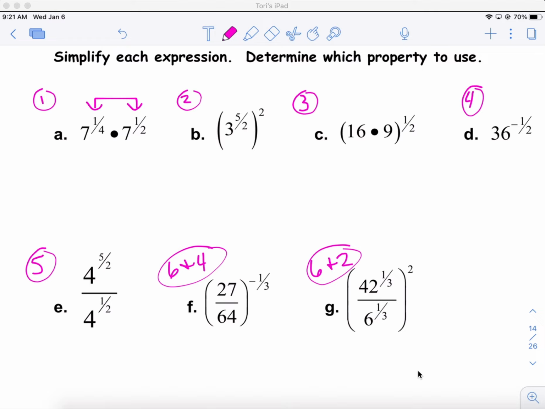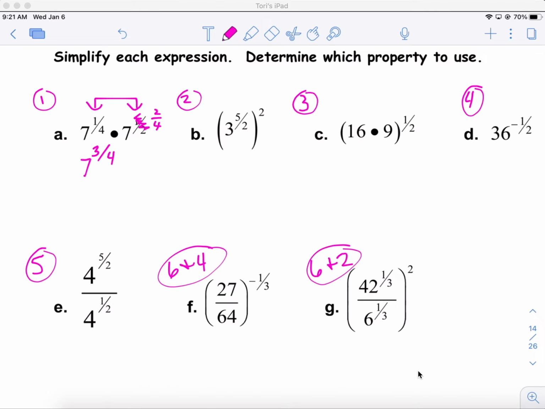So 1/2 is the same as 2/4. If I add 1/4 and 2/4, we get 3/4. I don't need to simplify that any farther. The point that I want you to understand is if you start with fractional exponents, you can end with fractional exponents. So I'm not going to be able to take a 4th root of 7, and I don't have to do 7 to the 3rd power.